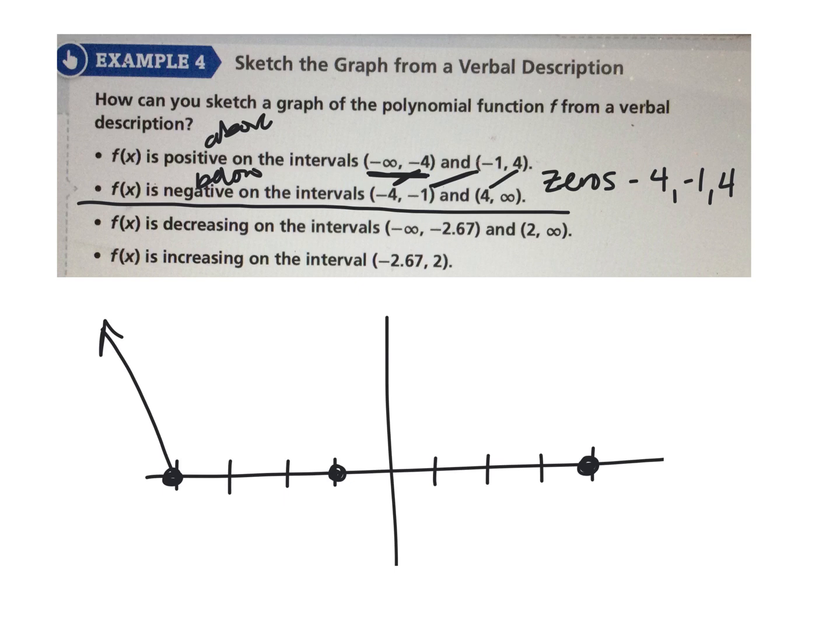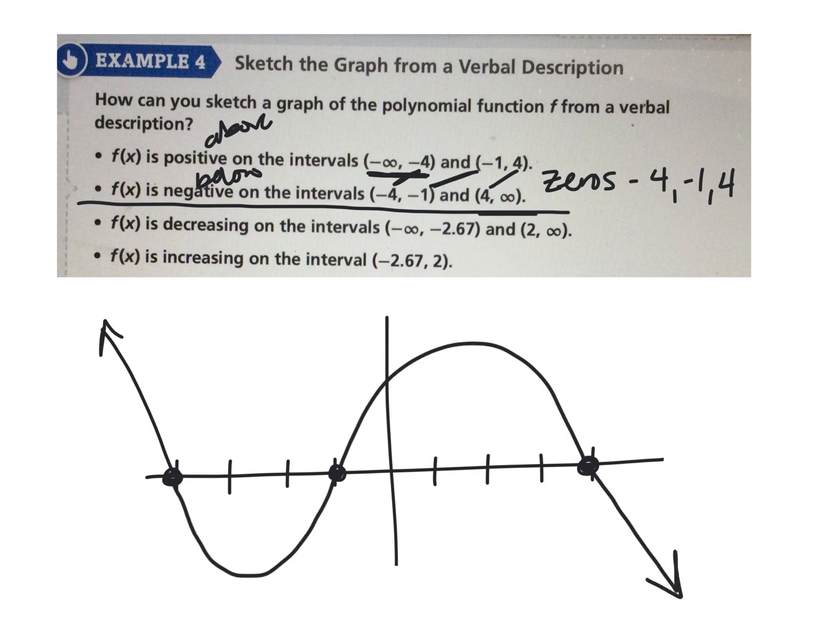Now, let me just go ahead and sketch that, and then we'll adjust what we need to. All right, so this looks something like that. Then it's negative below, between -4 and -1, so that's going to be down here. And it's also negative from 4 to positive infinity.